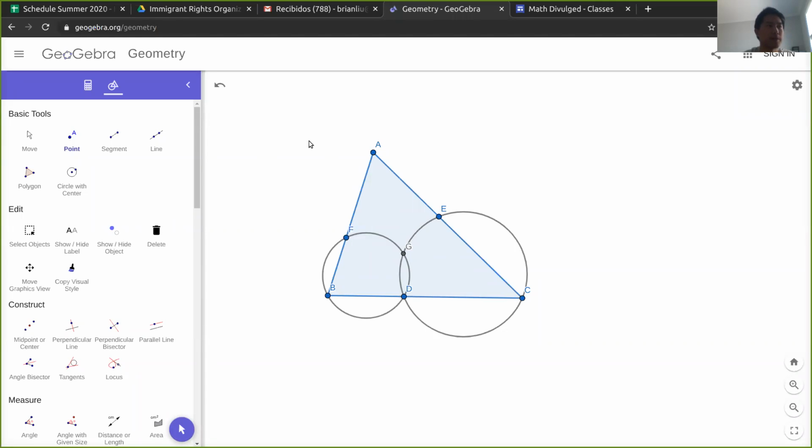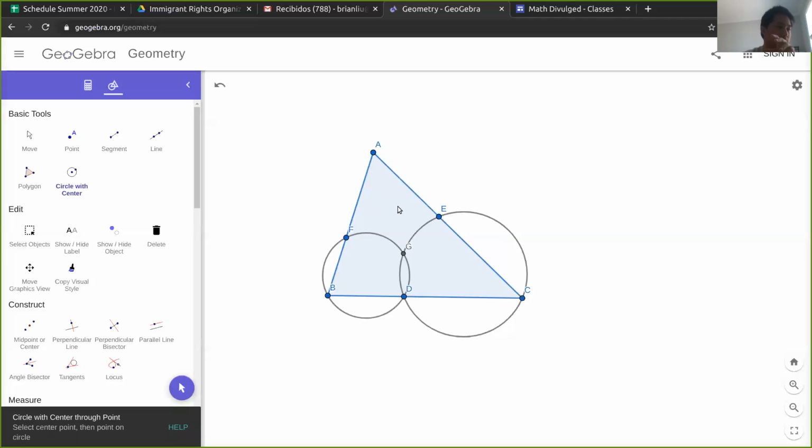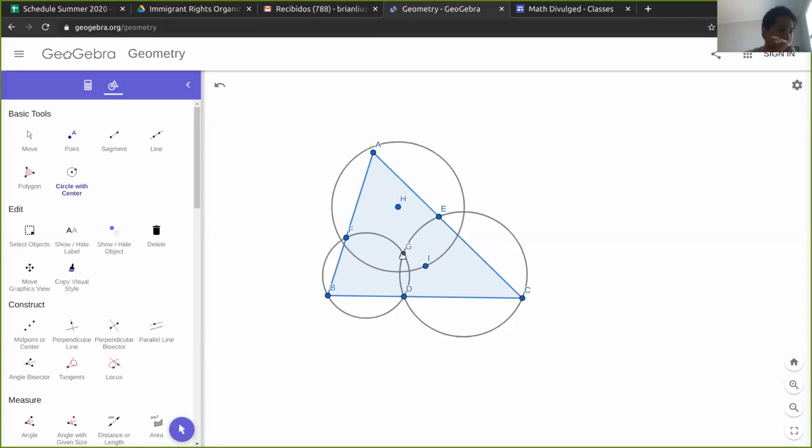Because if we draw the circle containing AEF first, then we don't know they necessarily intersect both the circles at one point. If it was just any random circle, then it would intersect here, 1, 2, 3, or 4 points.